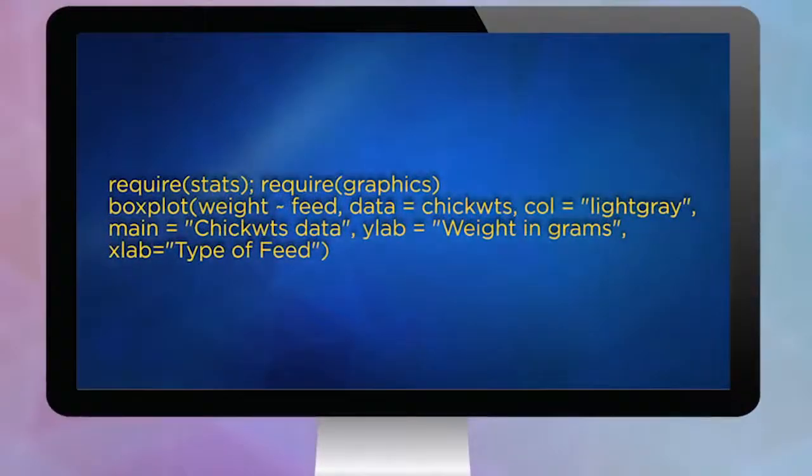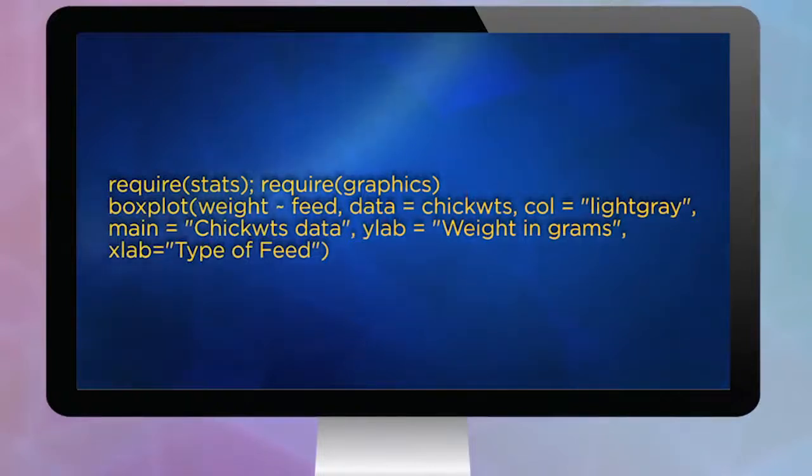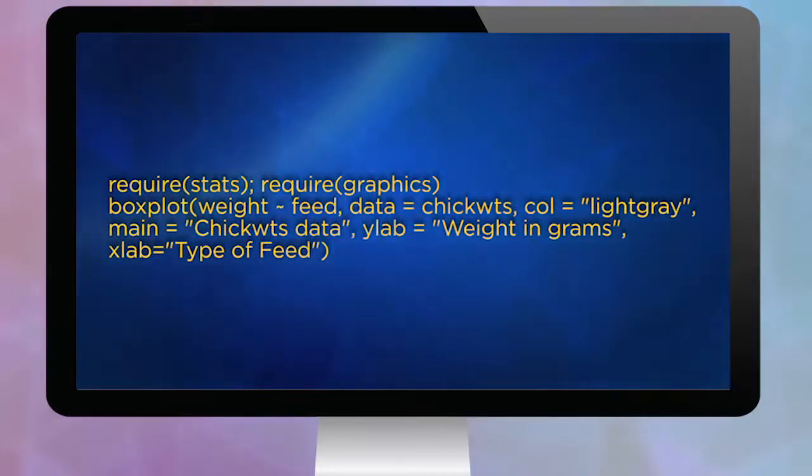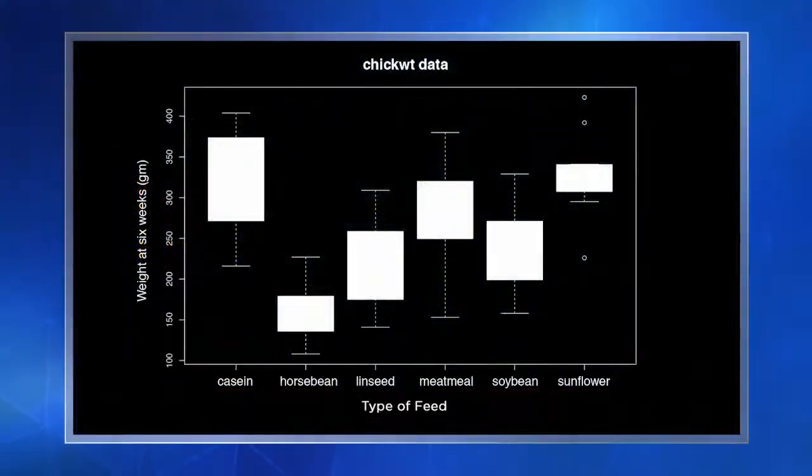Now, ANOVA requires that the variability of the groups be homogeneous, and we can observe the box plots to verify this assumption. Notice here, we require the package stats and graphics. And here we're going to do a box plot of weight on feed from, you guessed it, our chick weights data set. And here's the associated box plot.